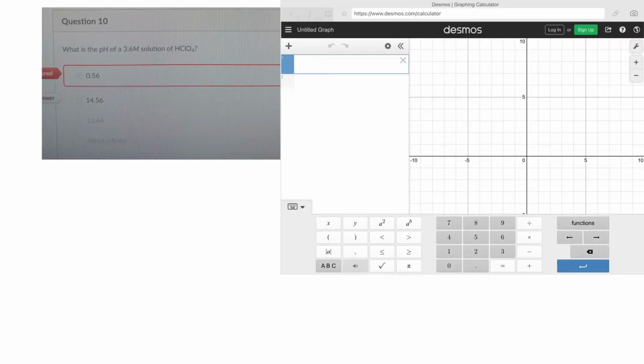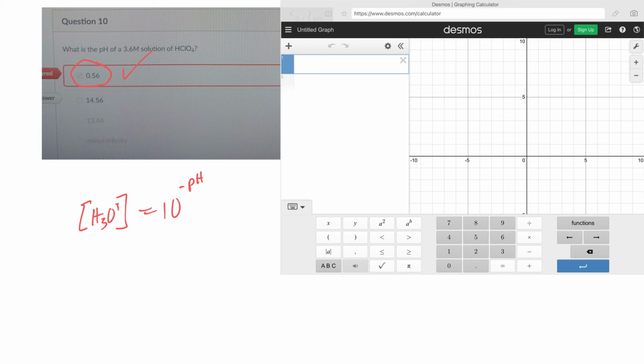They say the pH of a 3.6 molar solution of hydrochloric acid. That's got to be a very, very small pH. I think that you're right. I think the exam was wrong. I think this is correct. Because if you go hydronium ion concentration is equal to 10 to the negative pH.